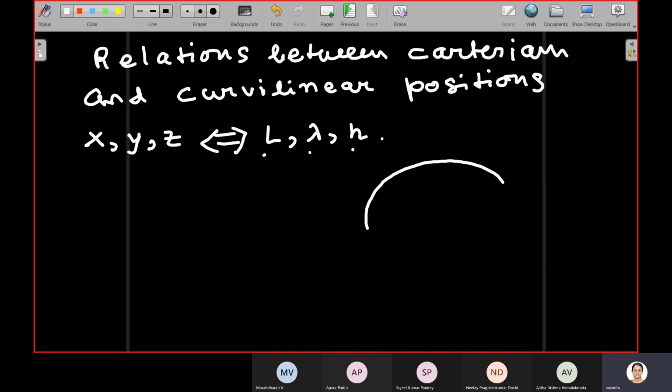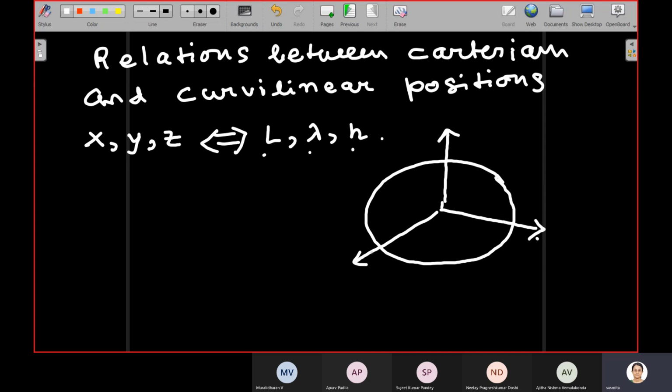We have the reference ellipsoid here, with the ECF XYZ axes, X, Y, Z. This is the equatorial plane. Okay, and we take a point at some geodetic height h. The normal from the point to the ellipsoid surface intersects the surface at this point.